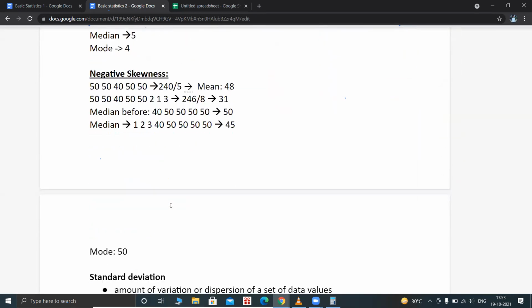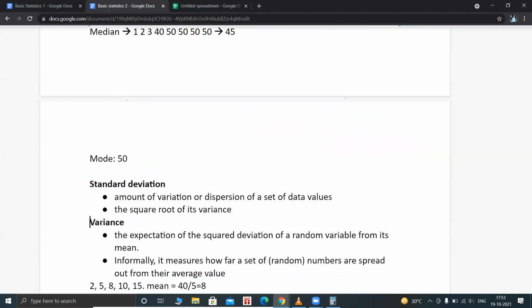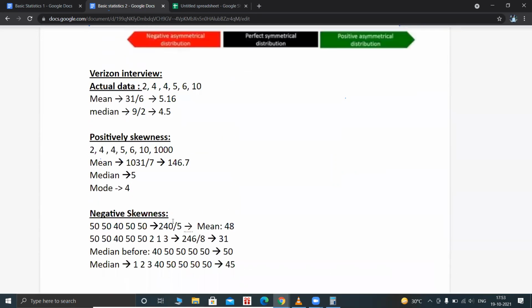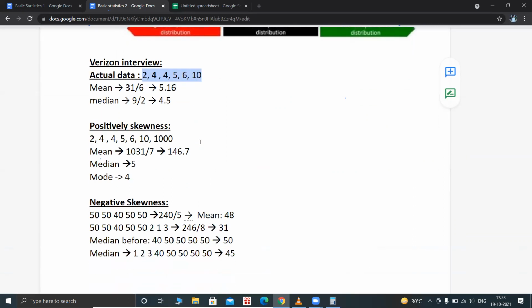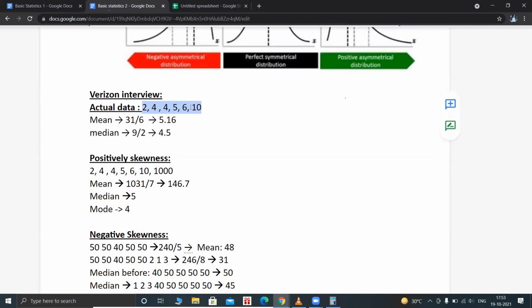The variance will tell how my data points are distributed: are they really close to each other, or are they far away from each other, or is there any huge gap between the data points, right?